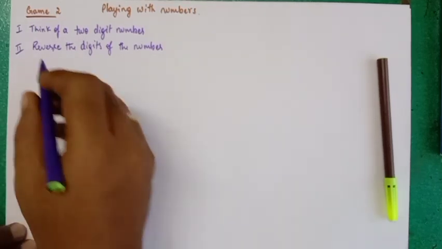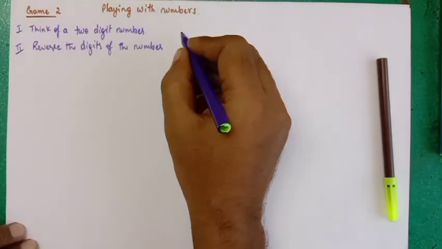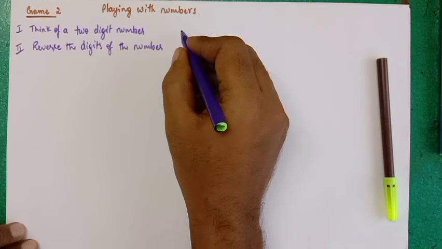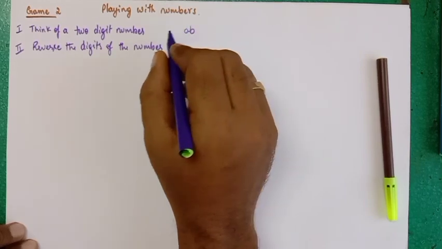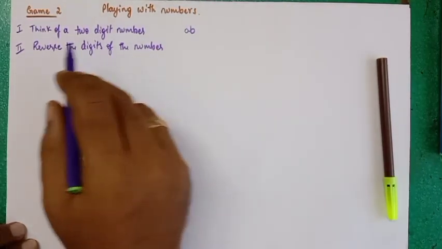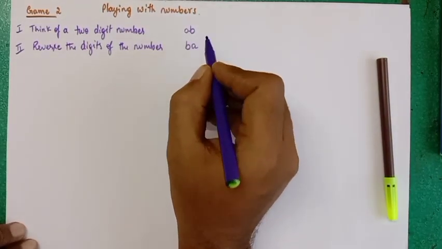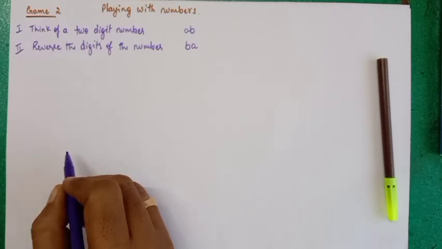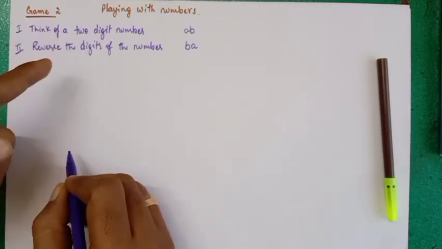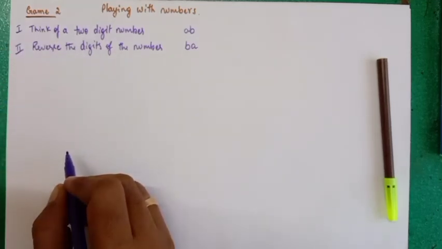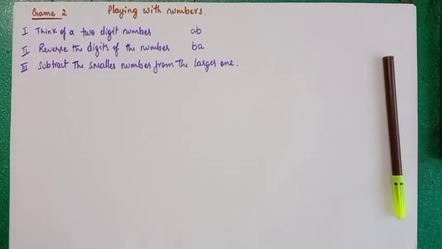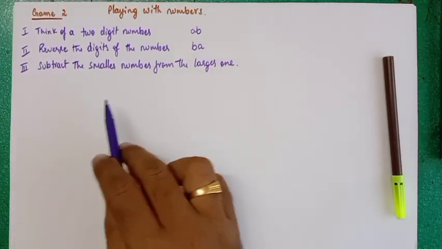If the first number is AB, what you thought, let us take the second number as BA. Okay, now, as you have reversed the digits, in the third step, subtract the smaller number from the larger one.